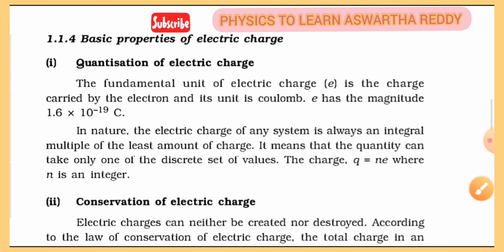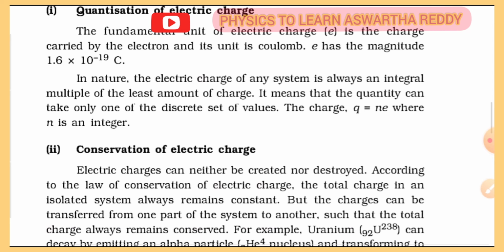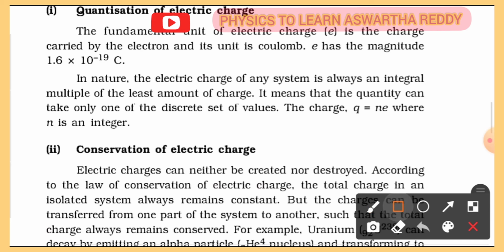In nature, the electric charge of any system is always an integral multiple of the least amount of charge. It means that the quantity can take only one of a discrete set of values. So the charge is quantized, which we can represent by Q equals n e, where n is an integer.